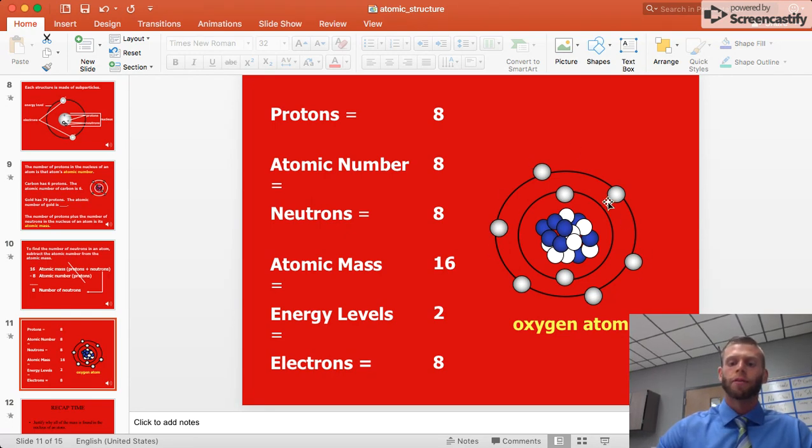Then I would have to put 6 more in here to get to my 8 electrons. So if my protons are positive and I have 8 of them, and my electrons are negative, how many of those would I want to make that neutral? We want the atom to be neutral because that makes it stable and nice.